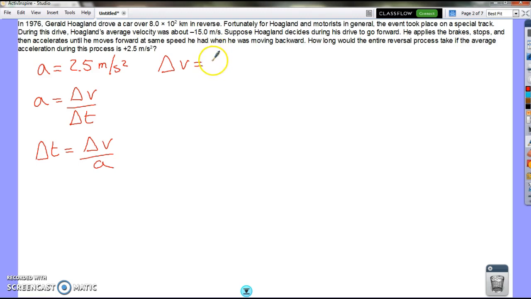So delta v equals 15 meters per second minus the negative 15 meters per second. And so we have a change in velocity of 30 meters per second.